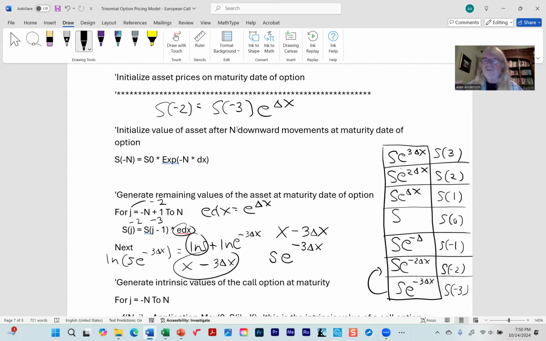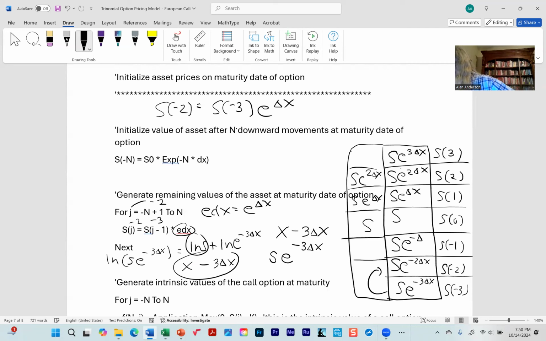So if we wanted to fill in the rest of it, you would just be missing the top and the bottom.